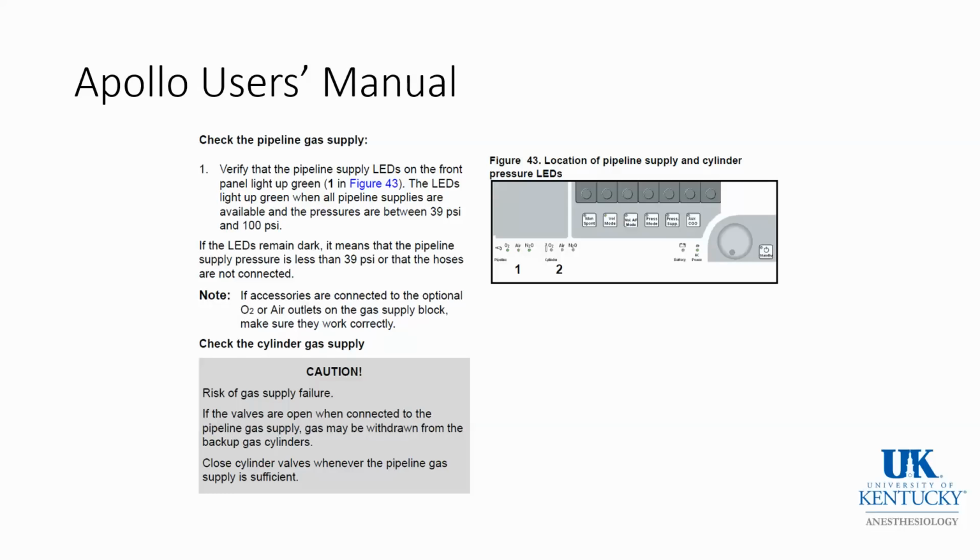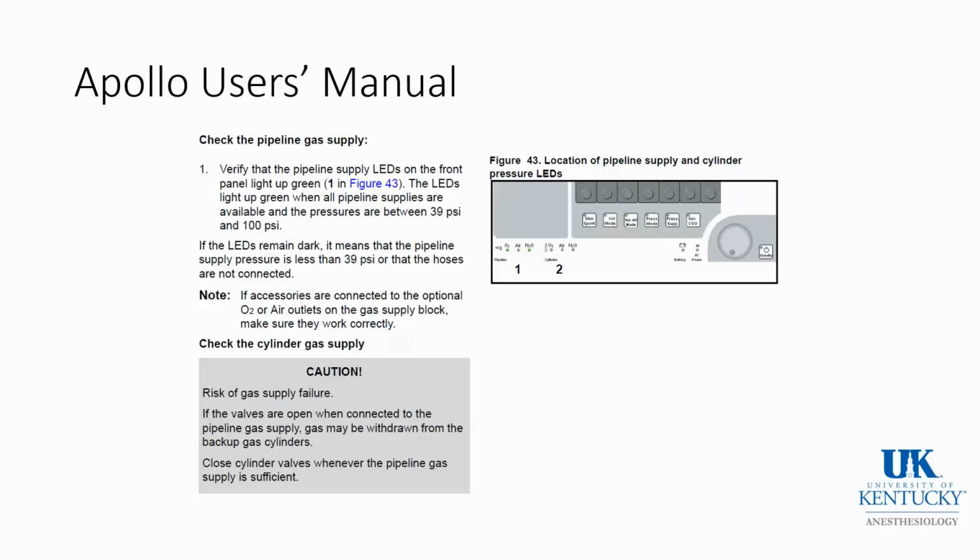The Apollo User's Manual addresses this, and in the checkout of the machine, you're expected to check the pipeline supply LEDs on the front panel. If the pressure is less than 39 pounds per square inch, the LEDs will not light up.